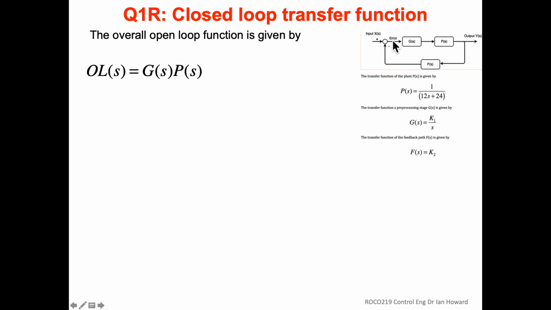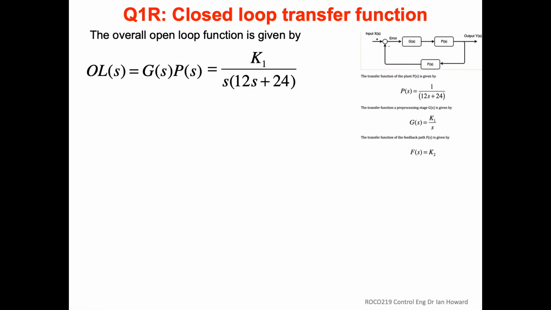The feed forward path at the top is given by the signal going through G(s), then going through P(s). Two things in series means we can replace that with a single block corresponding to the product of those transfer functions. So the open loop transfer function is G(s)P(s).